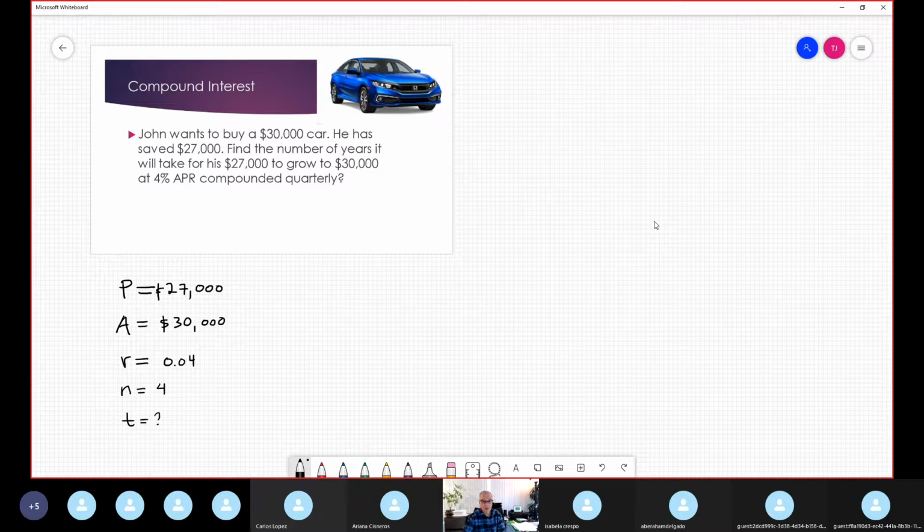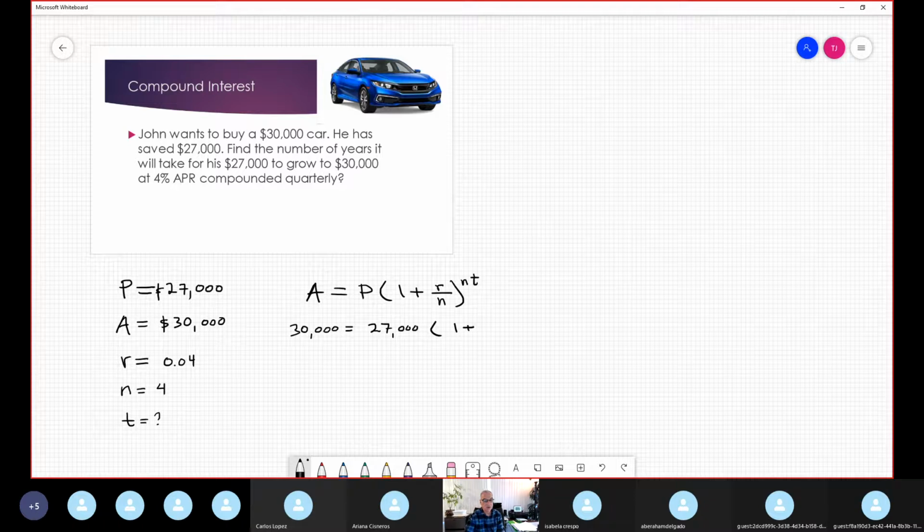Okay, I come back to my formula. My formula says future value is equal to present value times (1 plus r over m) to the nt. This is my formula. This is 30,000. This is 27,000.